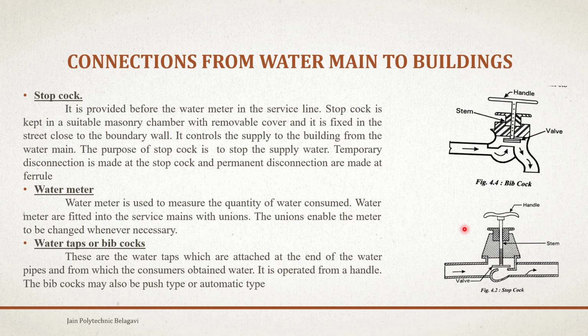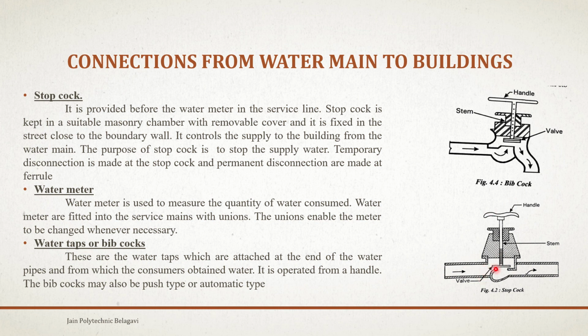And this is a type of stopcock. From the left, the arrow shows the way the water starts flowing, and this is the handle, and we have a stem and a thread for rotating these valves.